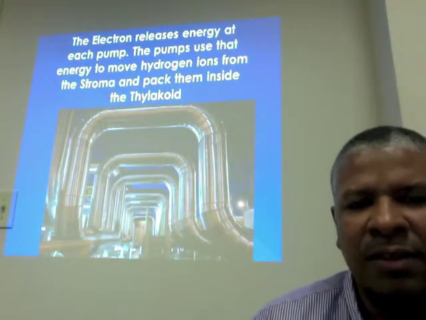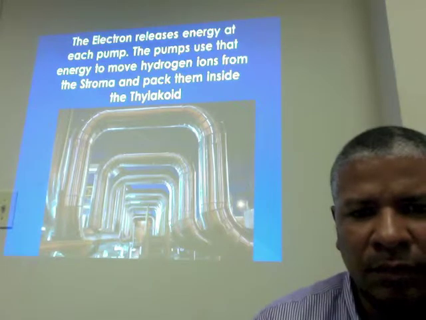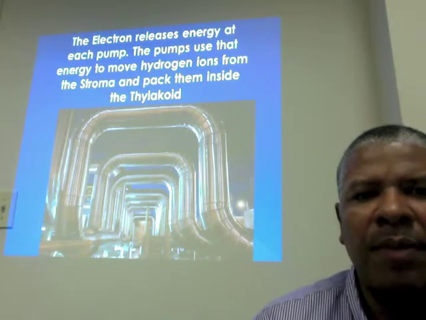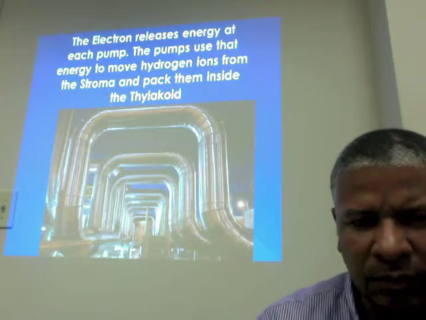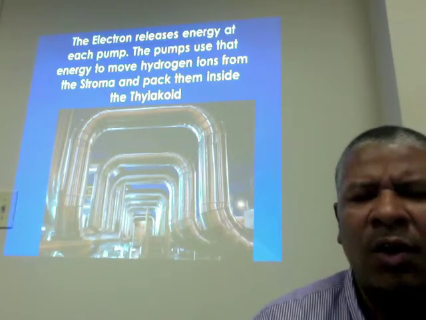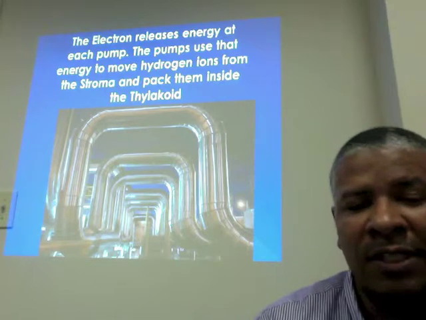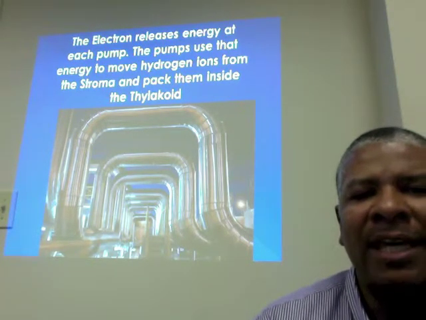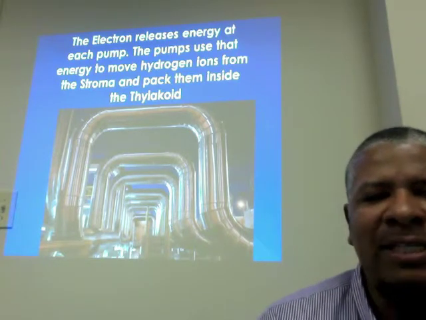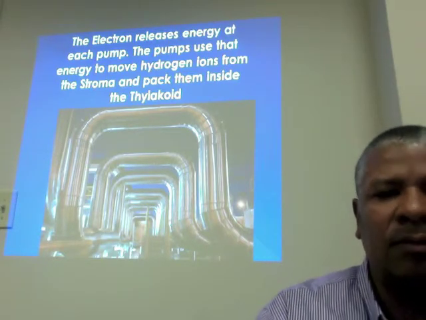The energy that's used by the pumps is used to pump hydrogen ions from the stroma, which I guess we could consider or compare to the cytoplasm of a cell. The ions in the stroma are pumped back into the thylakoid and packed into this tiny space.